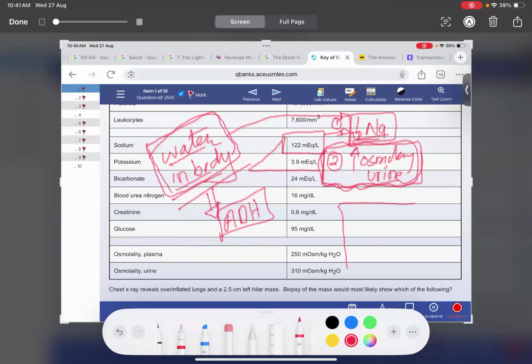For example, in a container we take a fluid of water with a sodium concentration of 135 to 145, the normal range. Whenever you add water to it, what will happen? Each sodium will be surrounded by a large number of water molecules, so this value will decrease. Have you got the point?